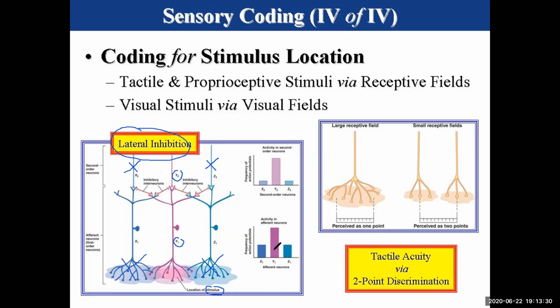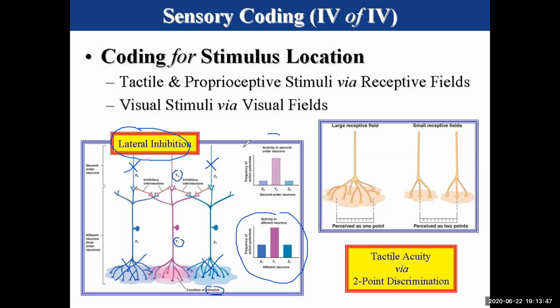This is an amazing feature. Here is the action potential by sensory neurons, the first order neurons, X1, Y1, Z1.